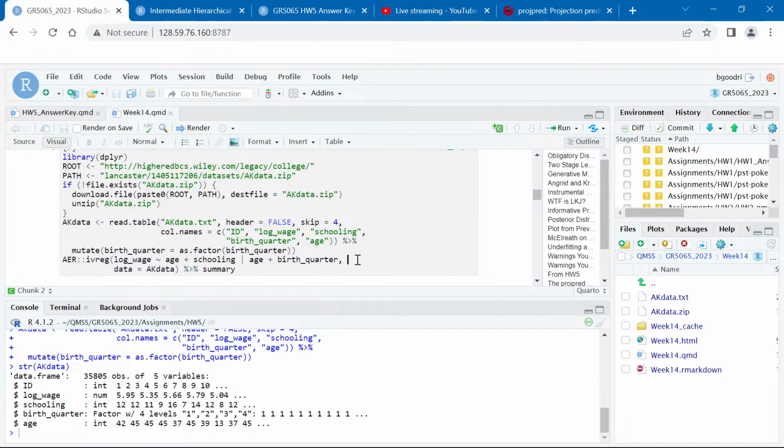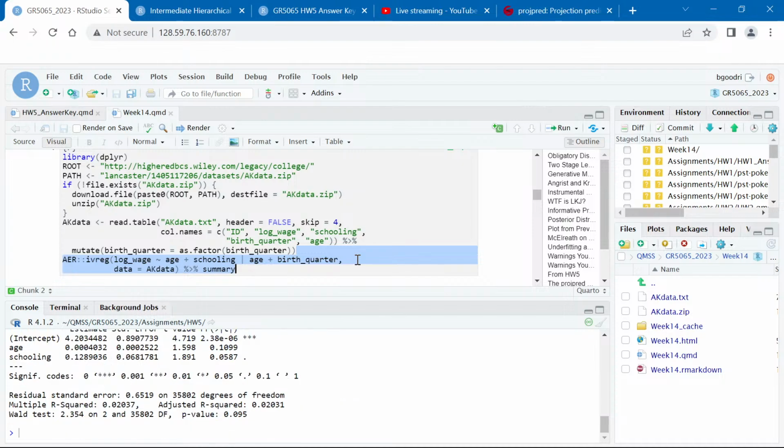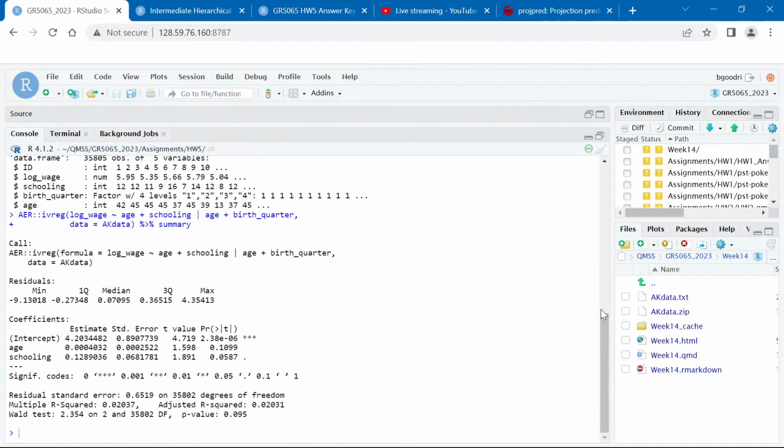Anyway, so this was clever. And then we can actually use two-stage least squares to estimate the causal effect of one additional year of schooling among people who were motivated to drop out, and we get a point estimate of 0.129.